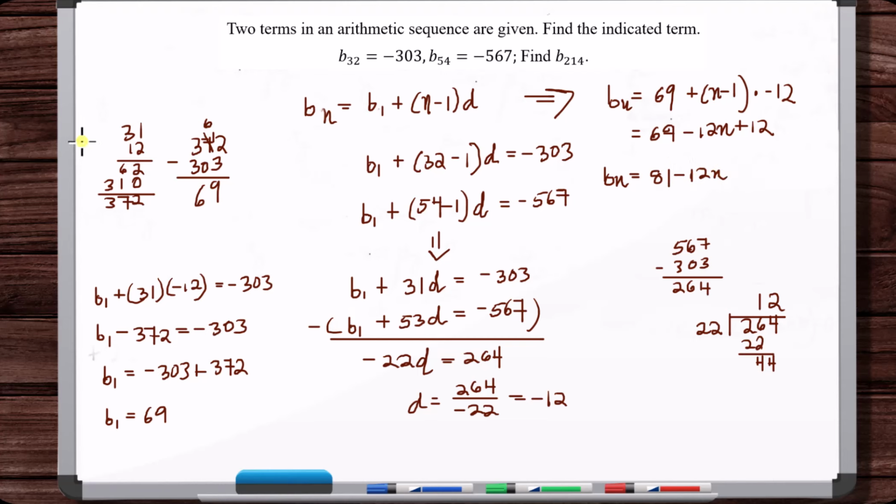Okay? So now we just need to plug in 214. So b 214 is equal to 81 minus 12 times 214.